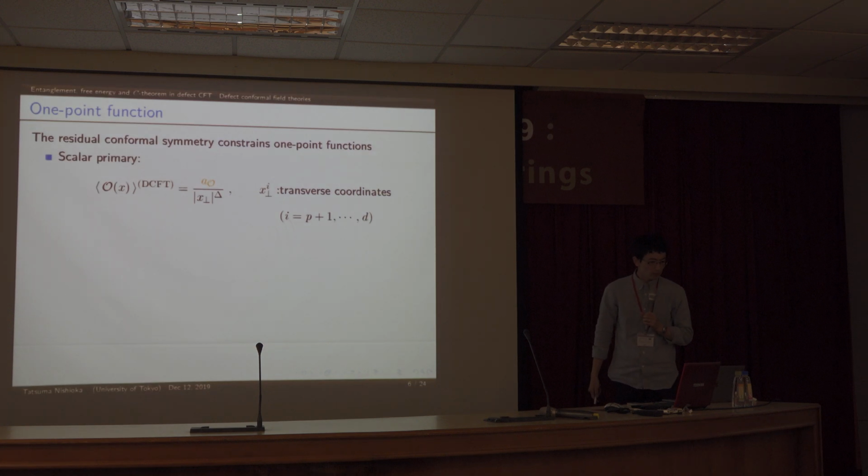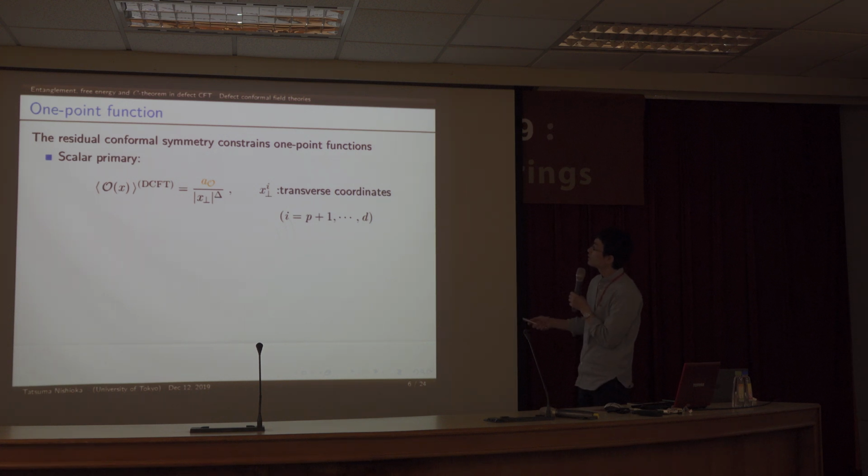The interesting thing is that once you focus on the conformal defect, you can constrain the form of the correlation functions using only the residual conformal symmetry. Here is an example. Let's first start with the one-point function of a scalar primary. This is a bulk operator, a scalar primary in the bulk, at a point x away from the defect. Then the one-point function is completely fixed by the conformal symmetry.